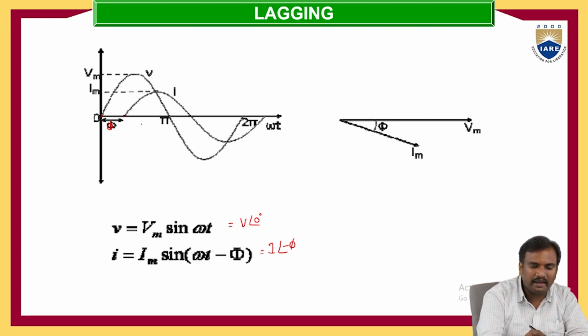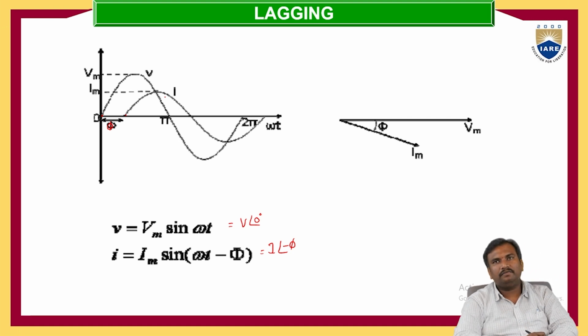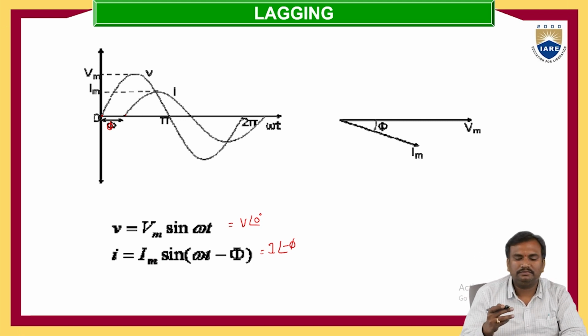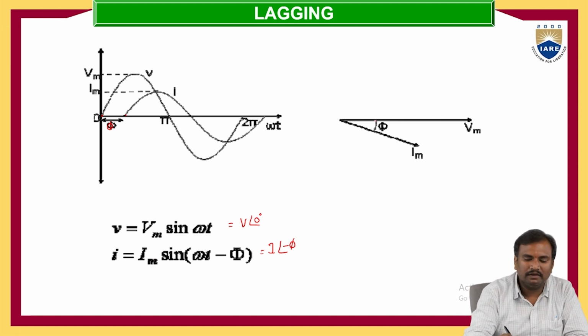So I is starting later than V. We can say that the current waveform is lagging behind the voltage by an angle of phi, here 5 degrees.